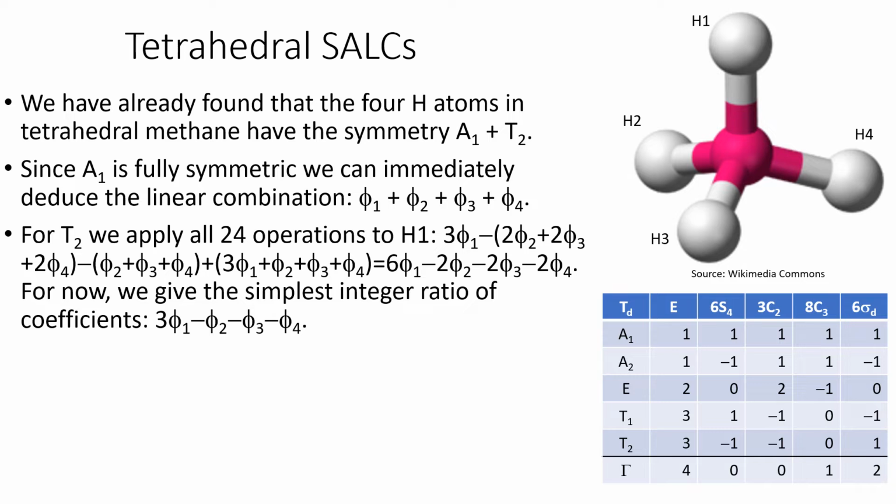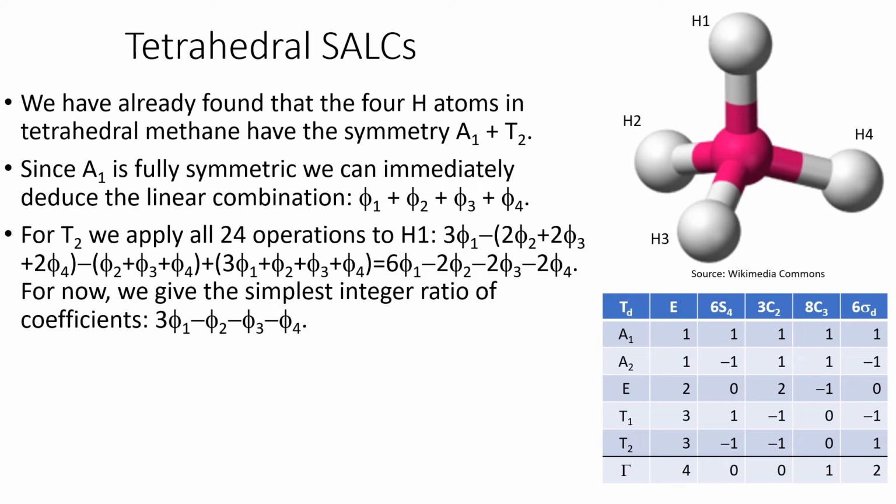So next up, we've got the 3C2. And again, because the character is -1, we've got a minus sign in there. And then when we apply the C2 operation, that can move H1 onto H2, or H1 onto H3, or H1 onto H4, depending on which of the 3 Cartesian axes we're rotating around.